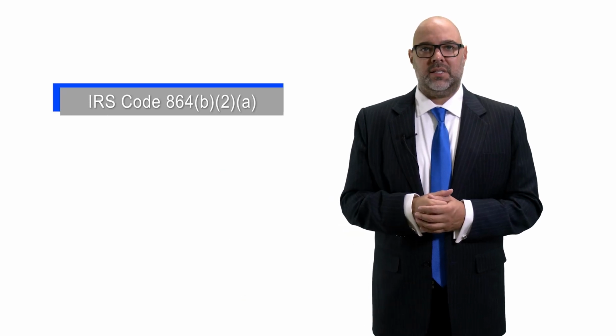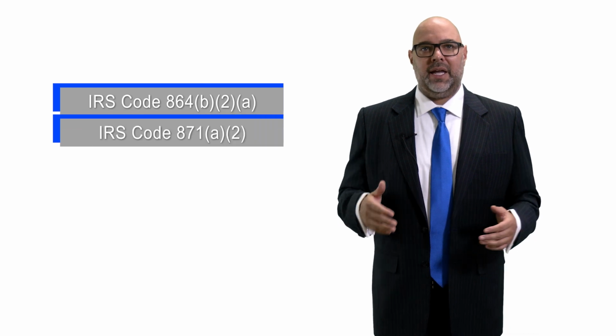Did you know that under the IRS code sections 864(b)(2)(A) and 871(a)(2), capital gains incurred on the sale of U.S. stocks, ETFs, mutual funds, options trades, and/or crypto are not subject to U.S. tax? Yes, you heard that right. Non-residents generally do not have to pay capital gains tax on U.S. stocks nor cryptocurrency trades.